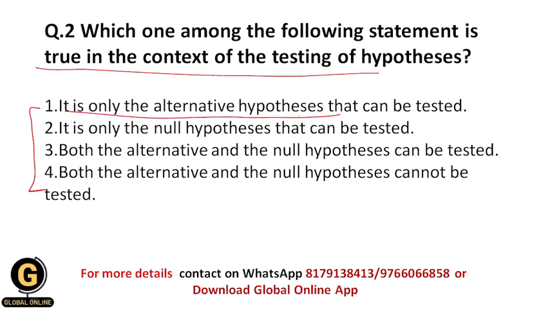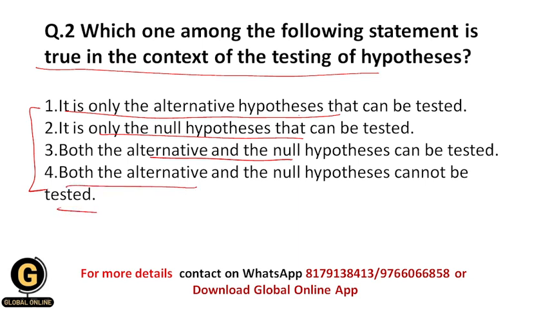So whenever we test the hypothesis, at that time we only test the alternative hypothesis. Second, it is only the null hypothesis that can be tested. So whenever we test the hypothesis, there is only the null hypothesis that we test. Third, both the alternative and the null hypothesis can be tested. Fourth, both the alternative and the null hypothesis cannot be tested.